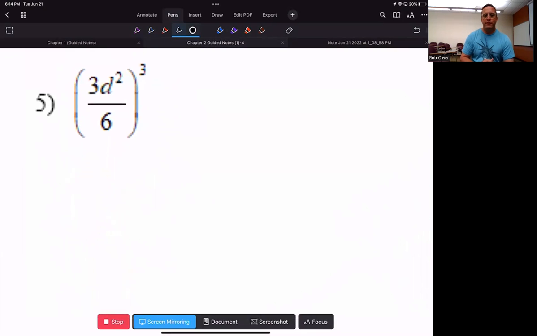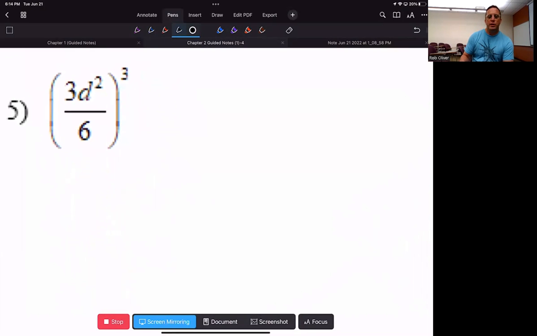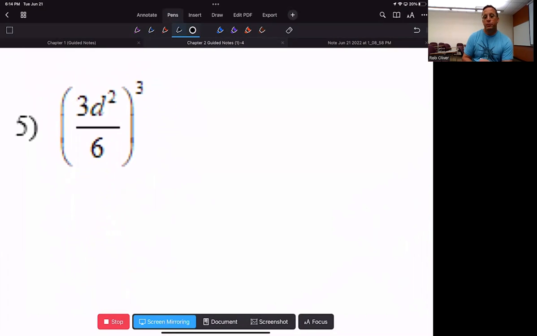All right, for number 5. Now, one thing that you might want to do for this one, especially since it's a fraction, it's in ratio form, is you're going to want to reduce the fraction, and in this case, it does reduce. 3 over 6 can reduce to 1/2, right?